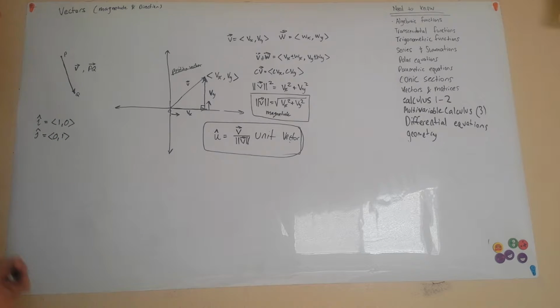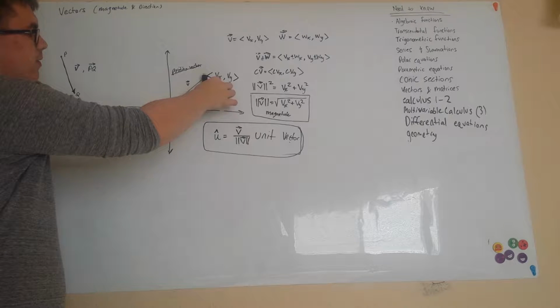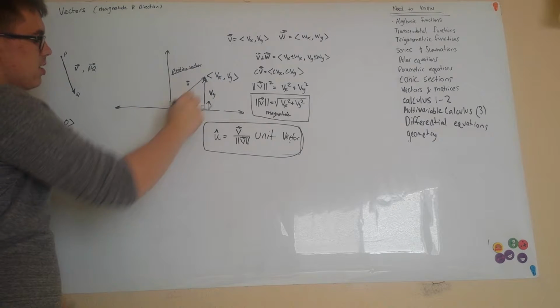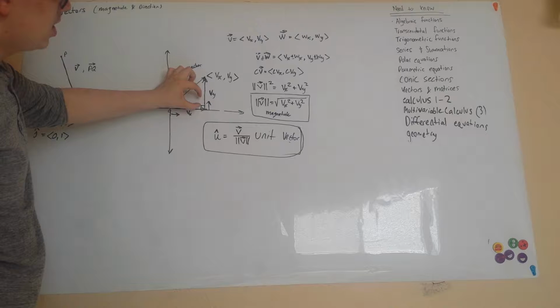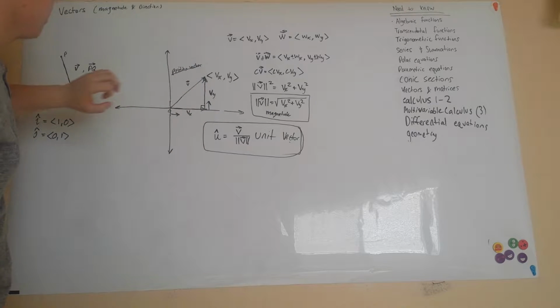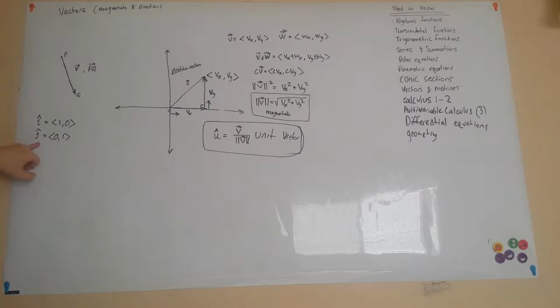And if you scale down the y component of the vector to its unit vector, then we get the j standard unit vector, (0, 1).